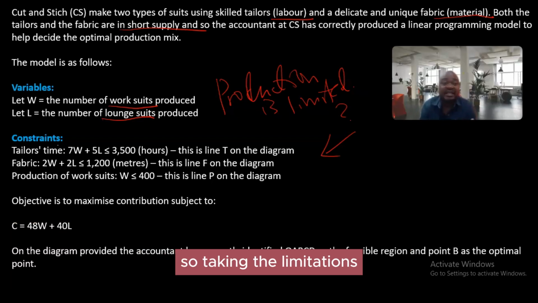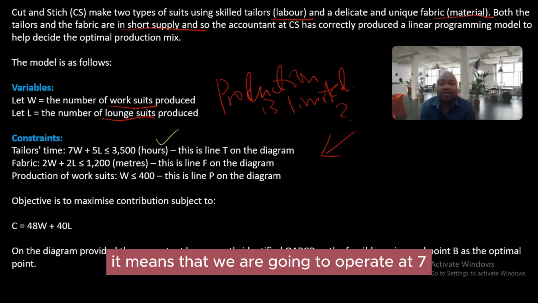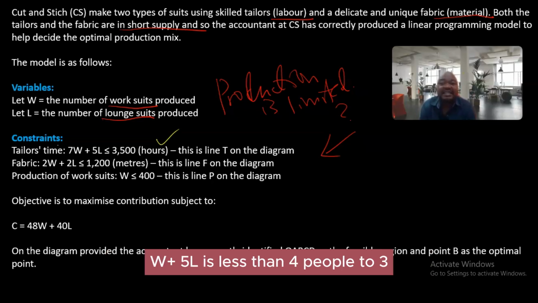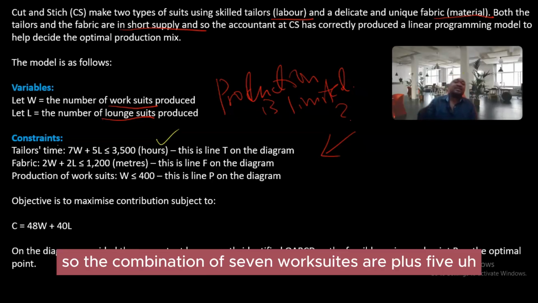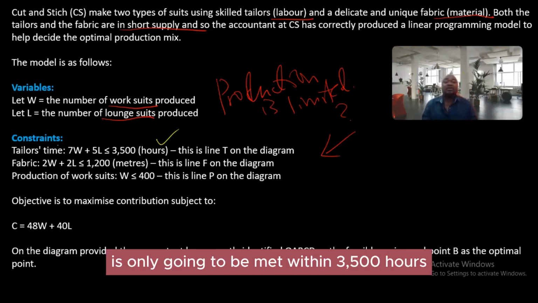Taking the hours limitation, it means that we are going to operate at 7W + 5L ≤ 3,500 hours. So the combination of 7 work suits plus 5 launch suits is only going to be met within 3,500 hours.